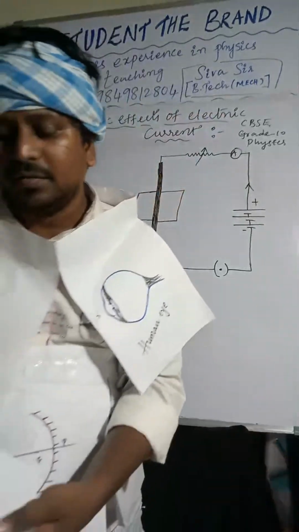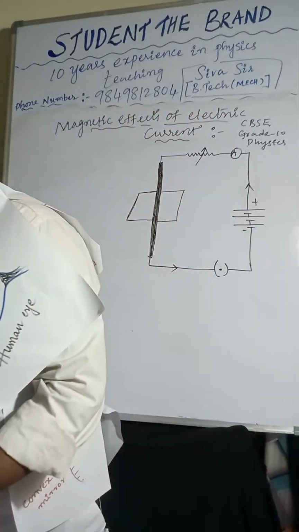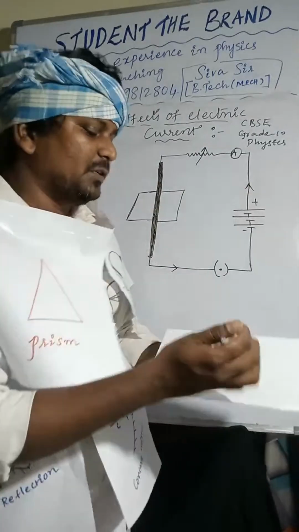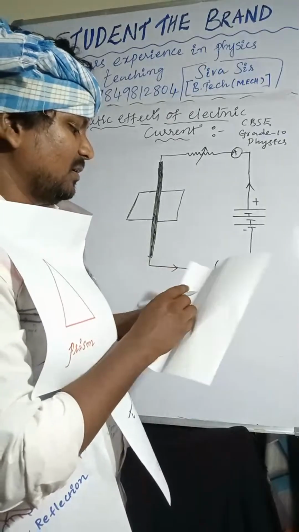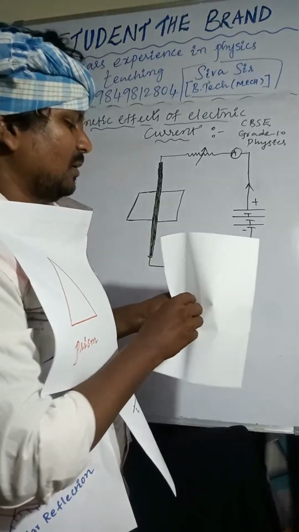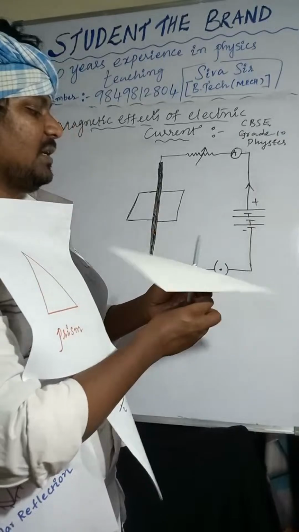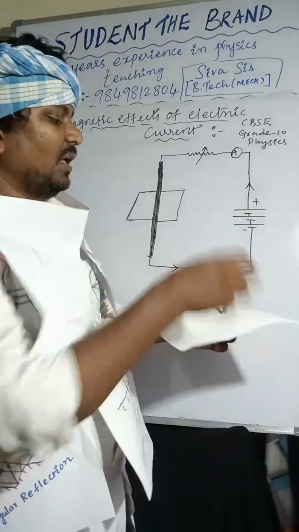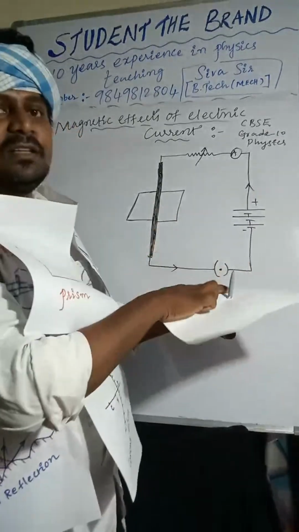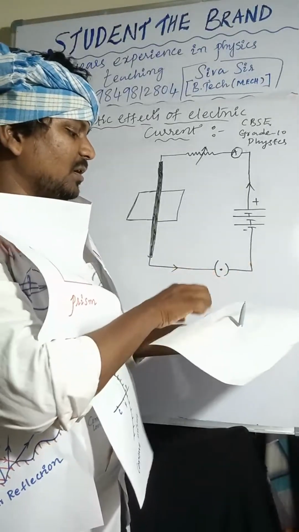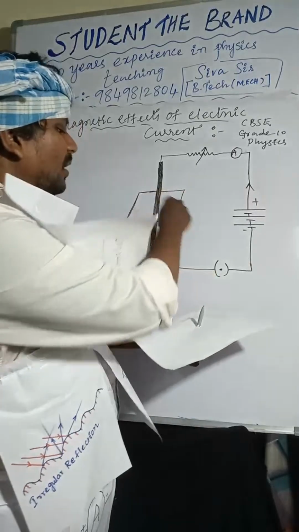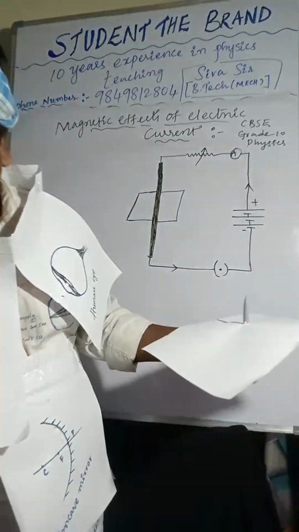This is a current carrying conductor, and current is passing through it in this direction. This is the cardboard I am taking. If you sprinkle the iron particles over it, what happens?